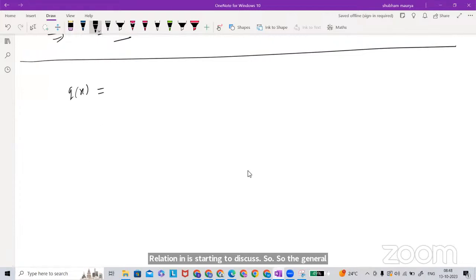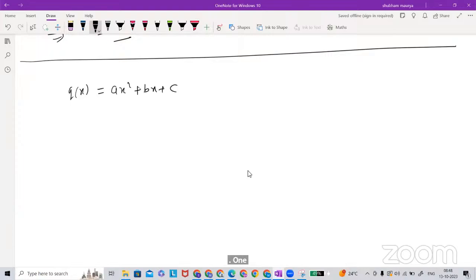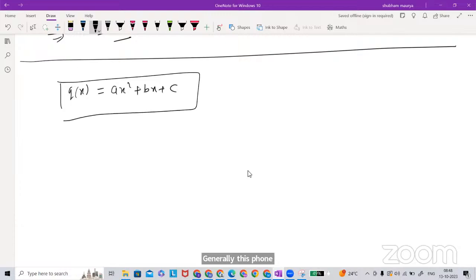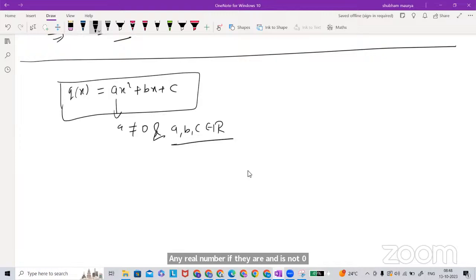A quadratic function is ax squared plus bx plus c. If you have a function of this kind where a is not equal to 0 and a, b, c are any real numbers, these two conditions should hold. Then this type of function is called a quadratic function.